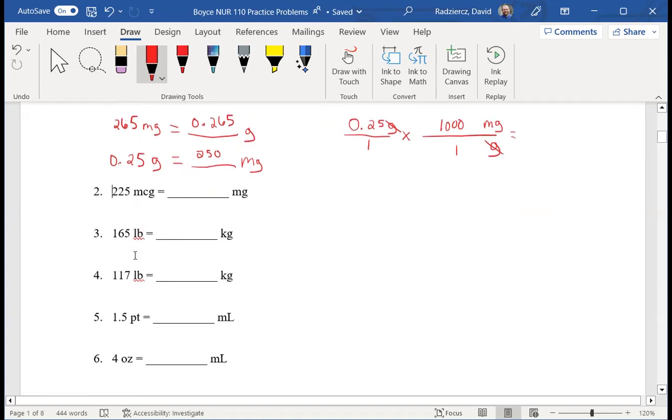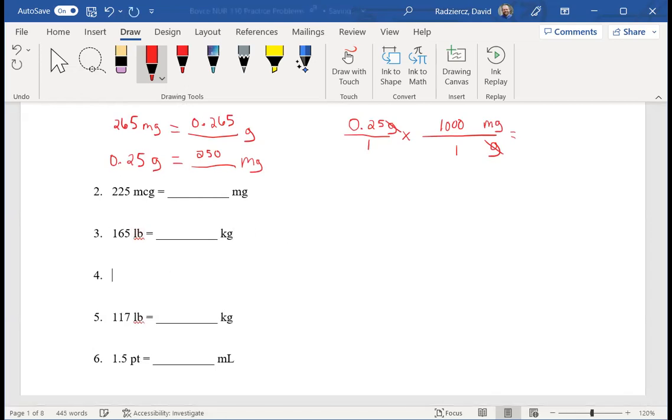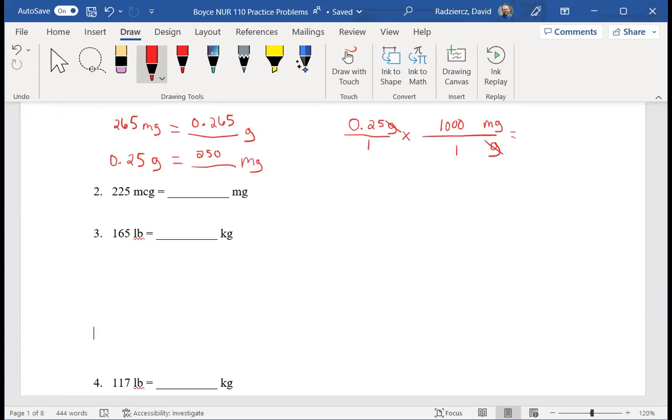But I'm going to jump to the next thing, and we're going to do pounds to kilograms. Now, you do need to know how to go from kilograms to pounds, but in nursing, the most common conversion is taking the patient's weight in household units, pounds, and converting it to kilograms. You might be wondering why we are doing this.